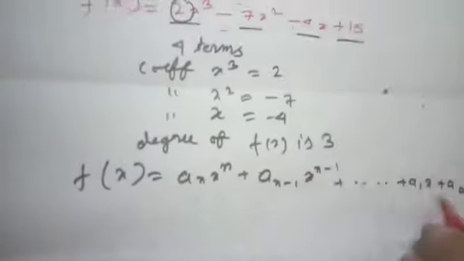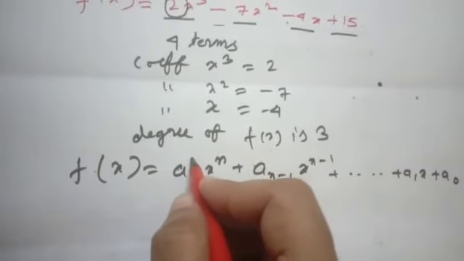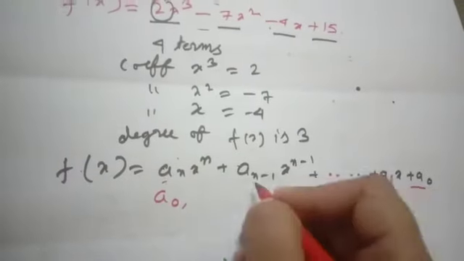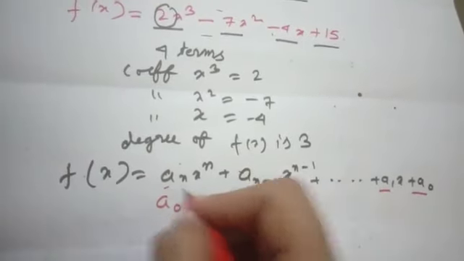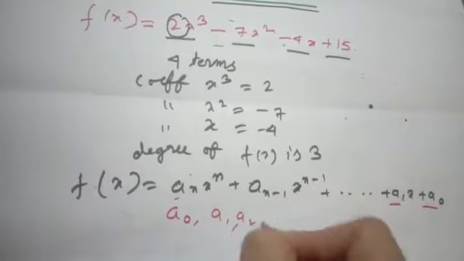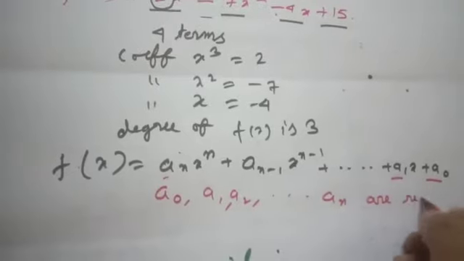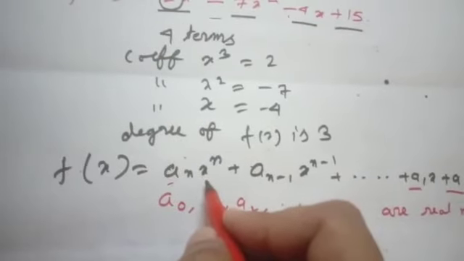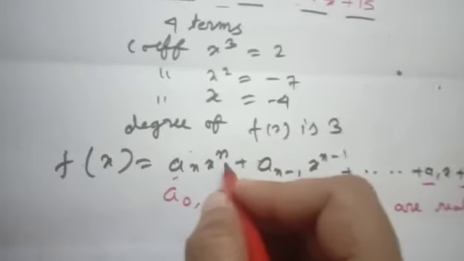This form is a polynomial where a0, a1, a2, a3, dot dot dot, an minus 1 and an are all real numbers, and here x is a variable. And what about n? n is a non-negative integer.